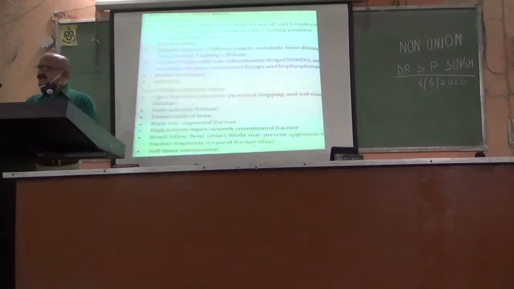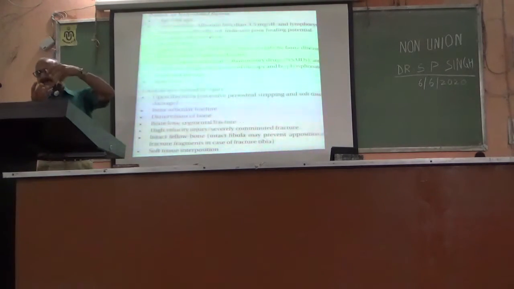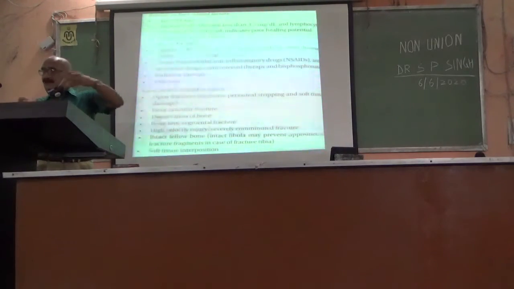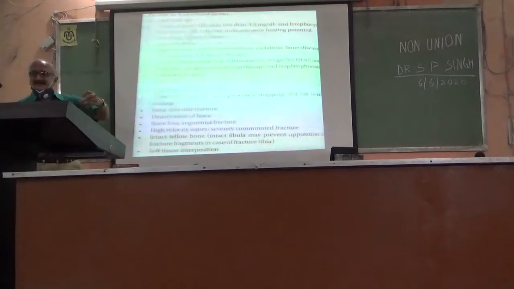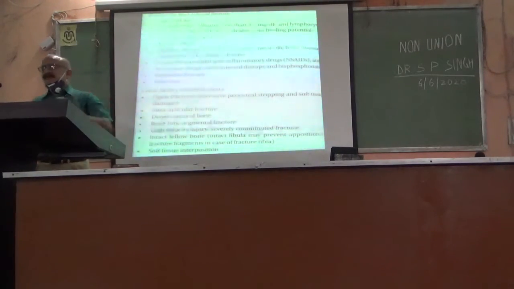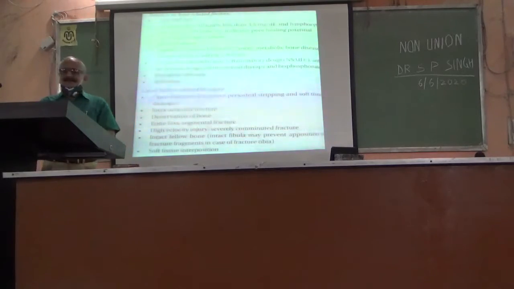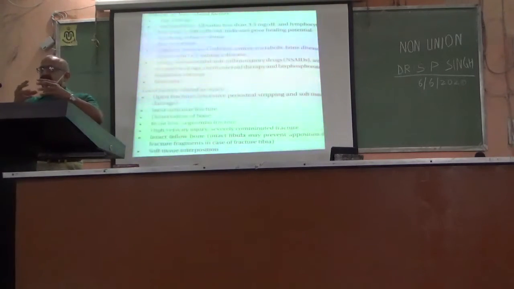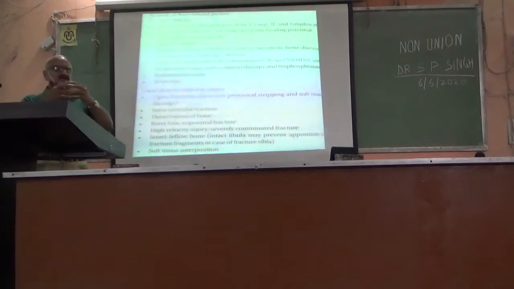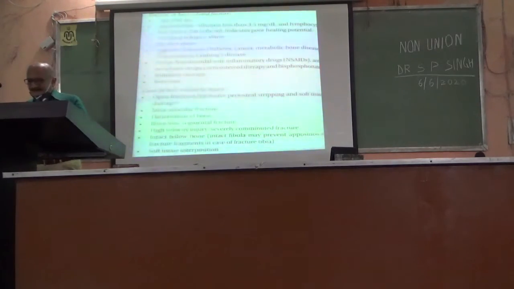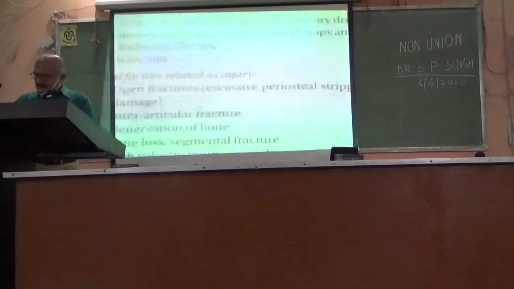Now with fibula union, the tibia will not come into contact; it will remain distracted, always keeping the ends apart. Is it clear? So in that situation, tibia may go to non-union, because I told you for proper union there must be reduction, there must be apposition of both fractured ends.